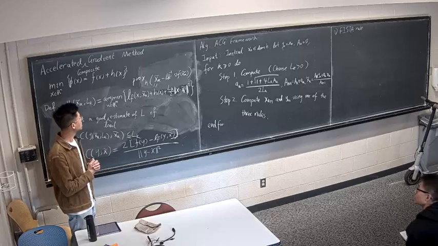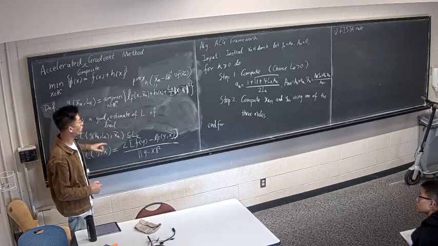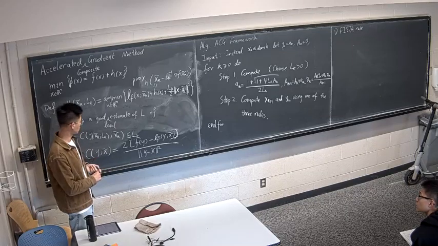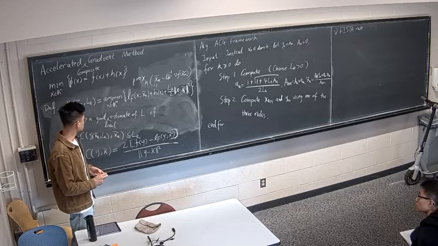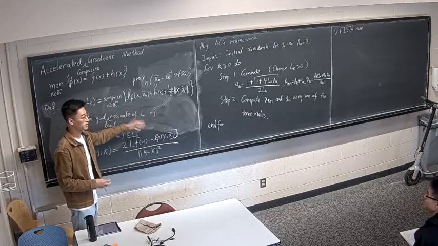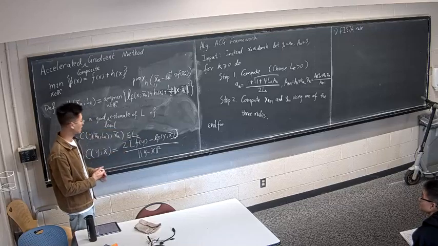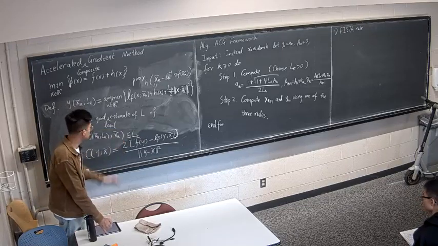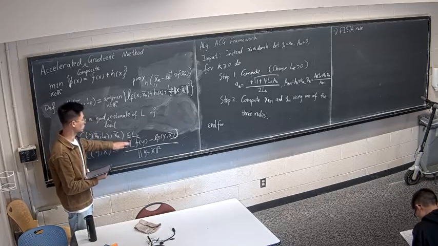The reason why we do this, one reason is we want to make the convergence rate faster. Another reason is because sometimes you do not know L, no matter large or small. You just need to do some estimate. So anyway, you need to estimate it. And this would be a good criterion for when the estimate should terminate.